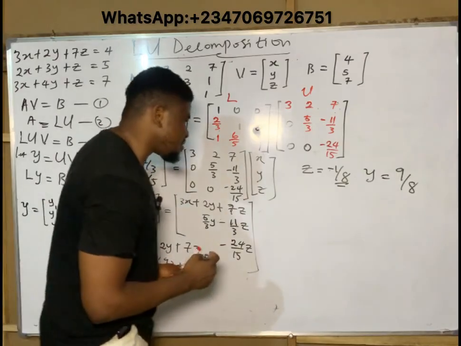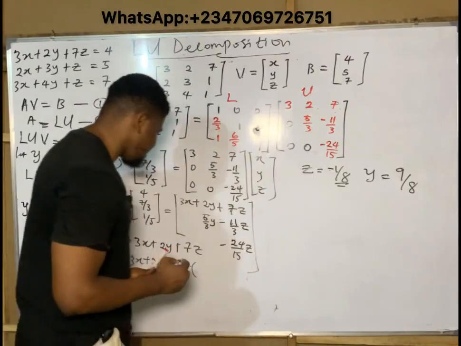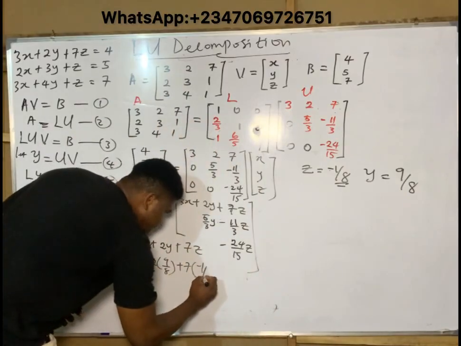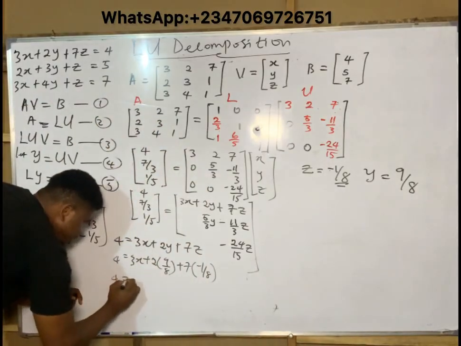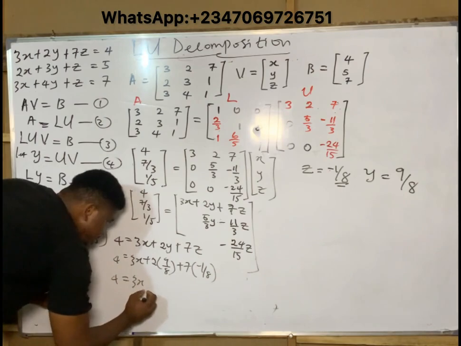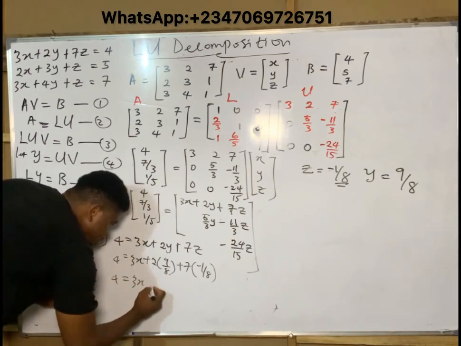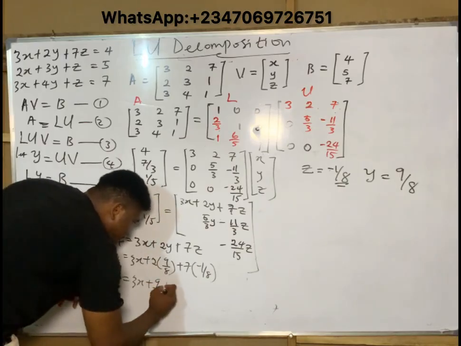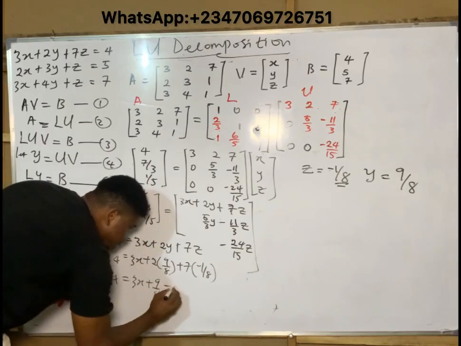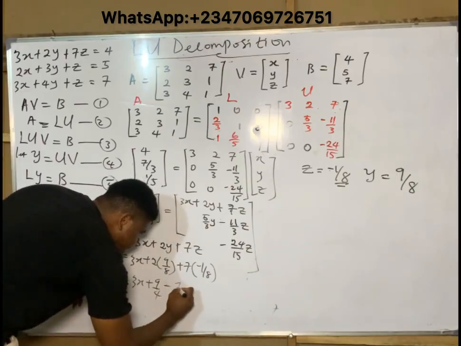Z is negative 1 over 8. So 4 equals 3x. 2 goes into 8 is 4. So I have plus 9 over 4 minus 7 over 8.